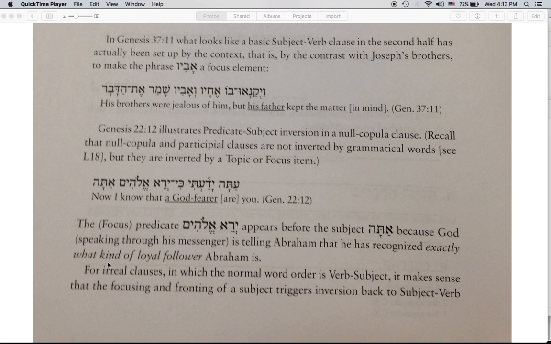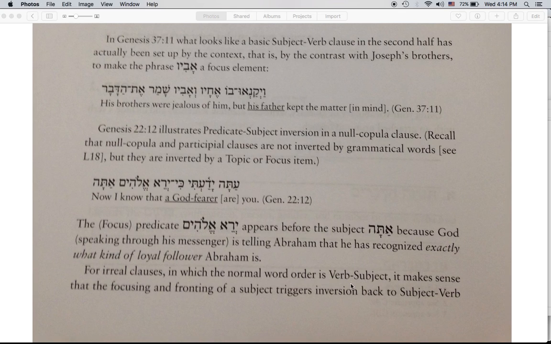Just a couple more things on the fronting of focus terms. For irreal clauses in which the normal word order is verb subject, it makes sense that the focusing and fronting of a subject triggers inversion back to subject verb. So if we front something in an irreal clause, we have a switch in word order.